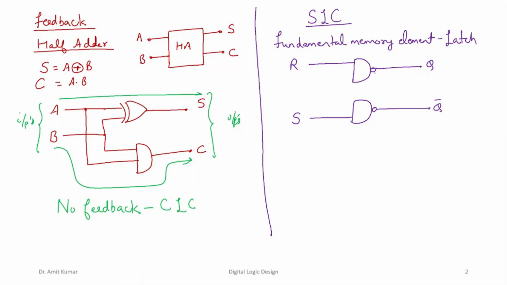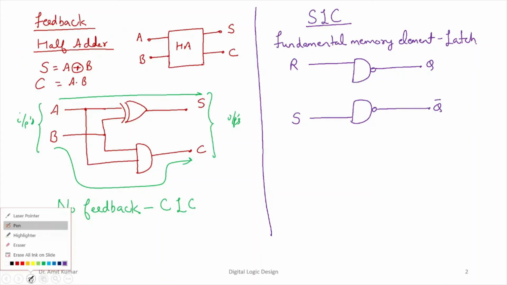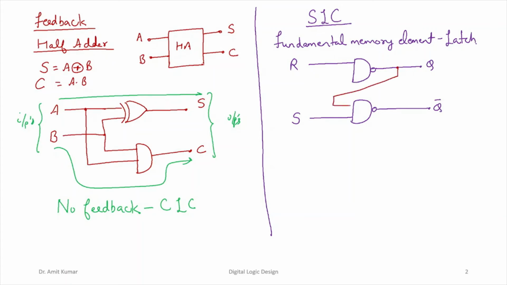If the outputs are connected with the help of a feedback mechanism like this, Q connected to the input of one gate, and Q bar connected to the input of the other, this is the fundamental latch, right?